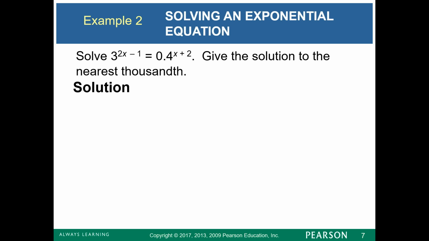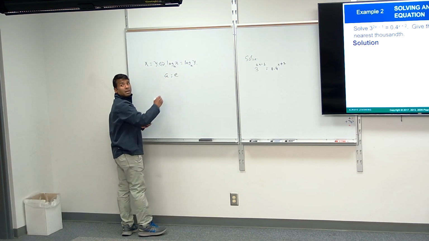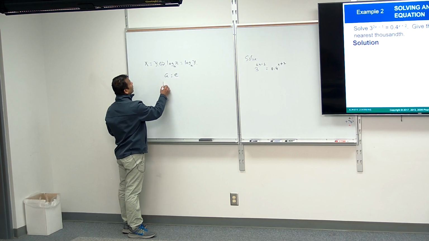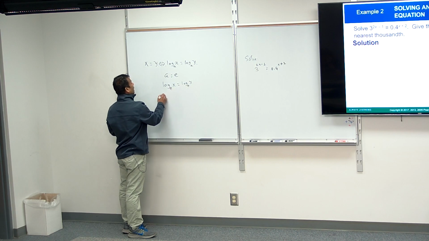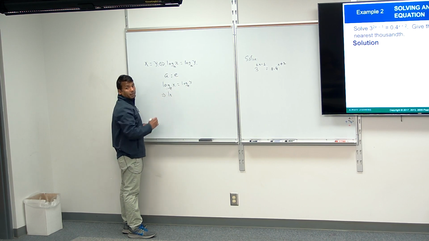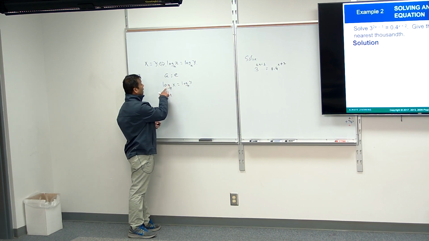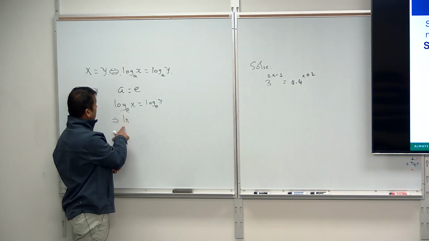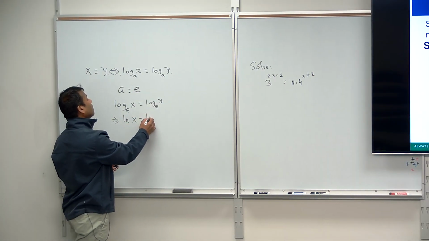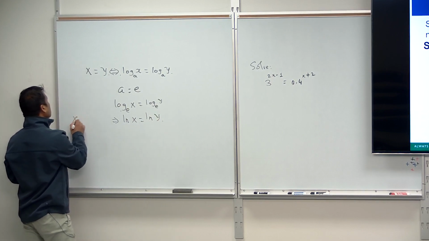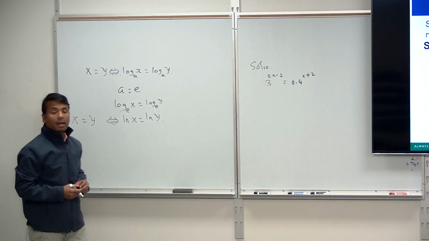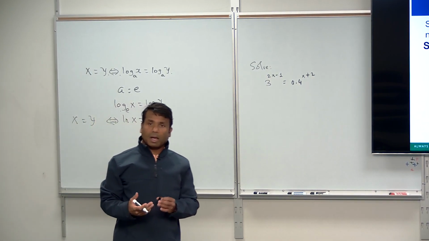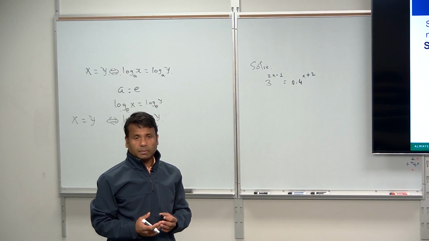Generally, if the base a is e, you'll have log e of x equal to log e of y, and log e is the ln. So ln x equals ln y. So if you have x equal to y, you can take the natural log on both sides.